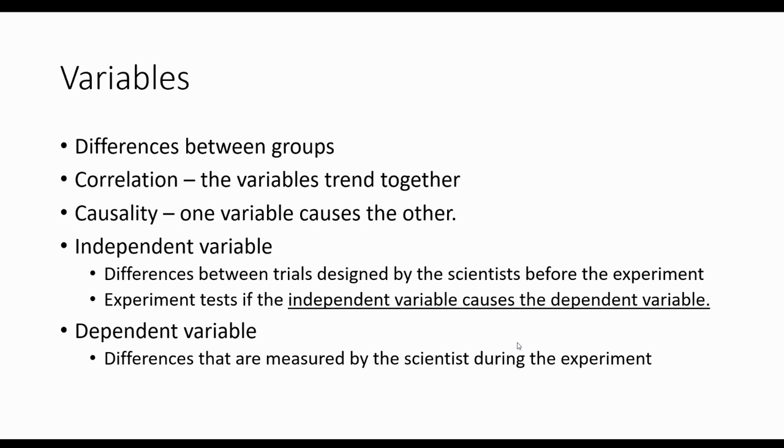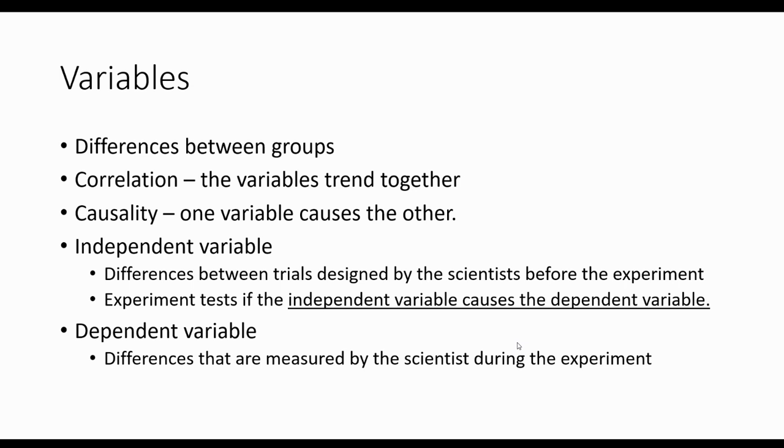When you read about the coronavirus, you're going to read how they tested these different areas and found different levels of causality between having the vaccine and each of these dependent variables. Okay, so the key thing here is the dependent variable is what we're measuring during the experiment.